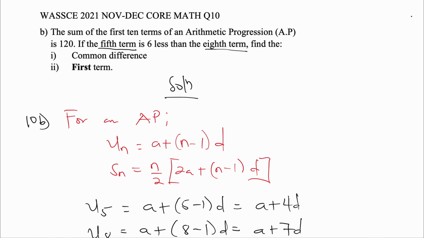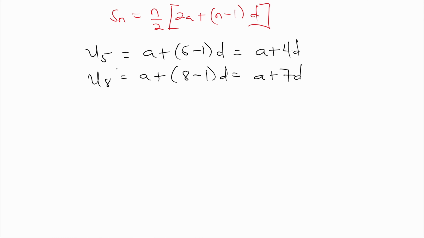And then the fifth term is 6 less than the 8th term. So the fifth term will be the 8th term minus 6. So U5 is equal to U8 minus 6. And U5 is a plus 4d.